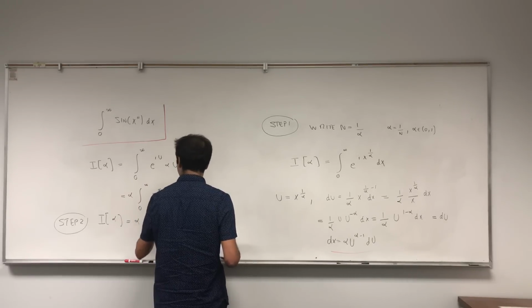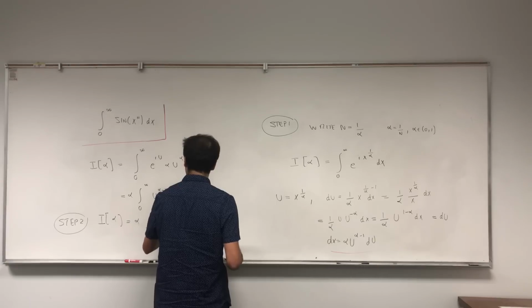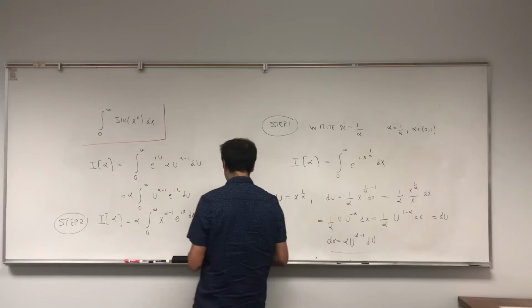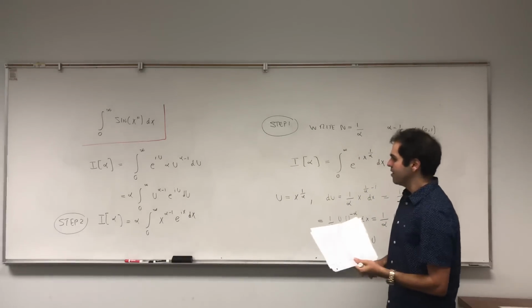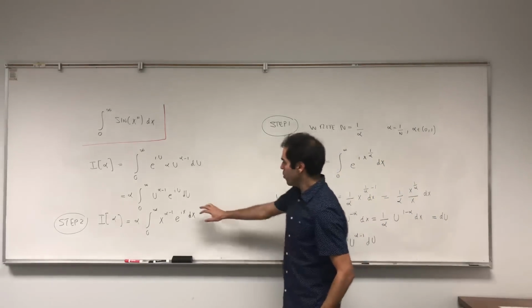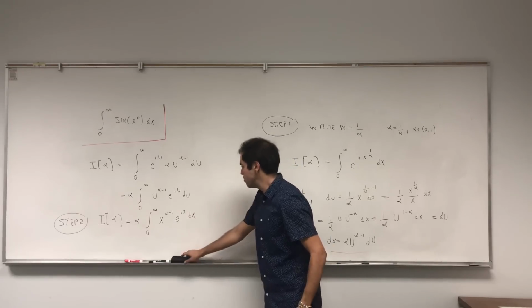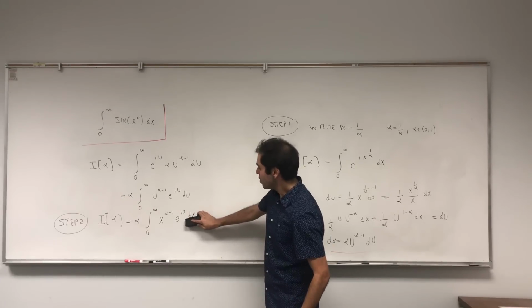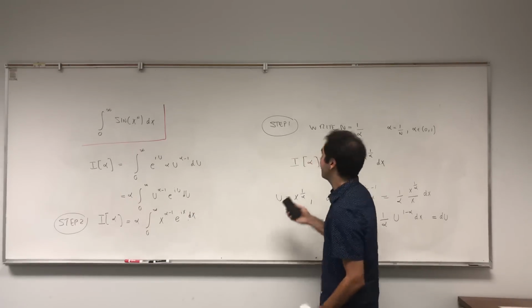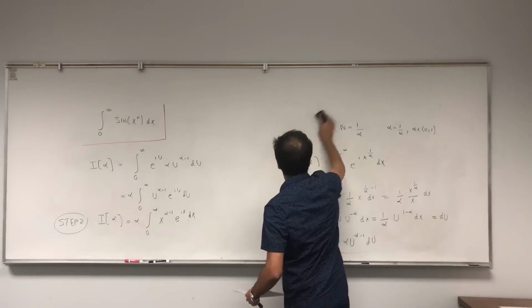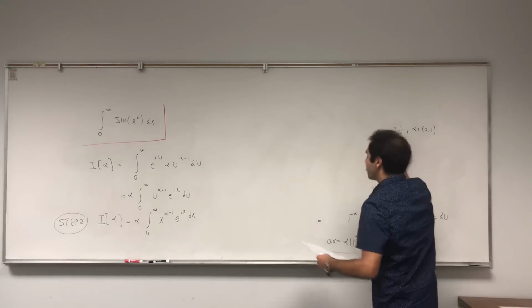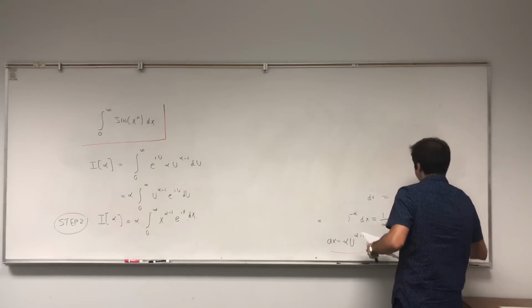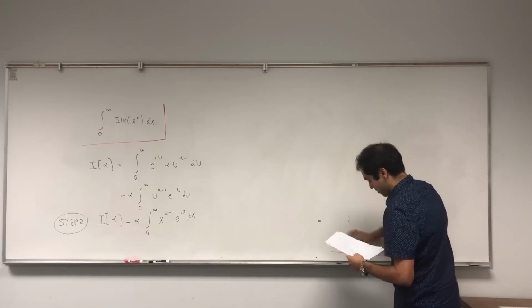So x to the alpha minus 1 e to the ix dx. And notice this term doesn't really converge very well, but let's make it converge by adding a little term here.